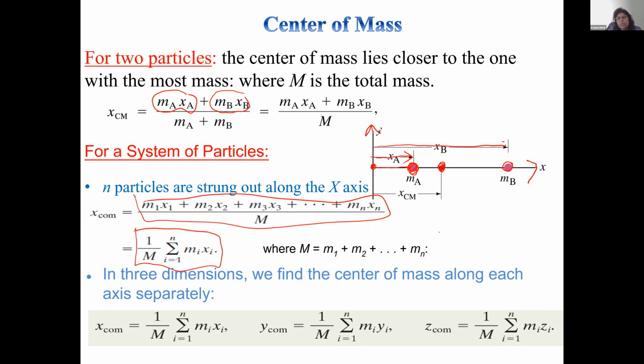What that means is you're going to add m1 x1 plus m2 x2, and you keep adding terms until you have mn xn, your last mass. That is what the summation of mi xi from i equals 1 to n means. I think it's a simple thing, but yes, that's the summation notation.